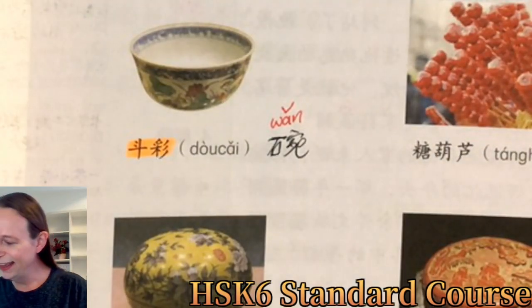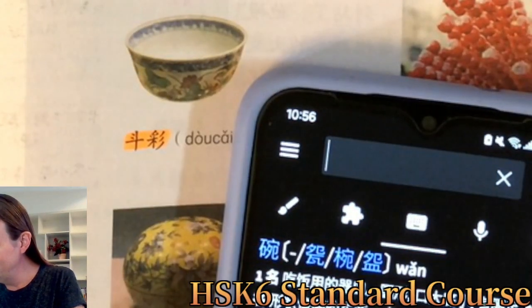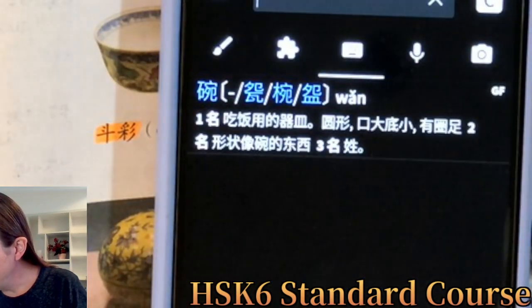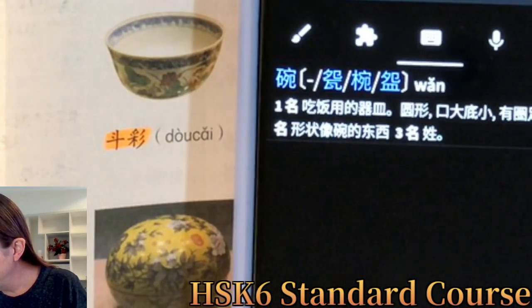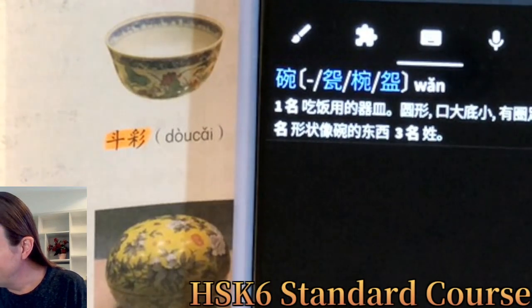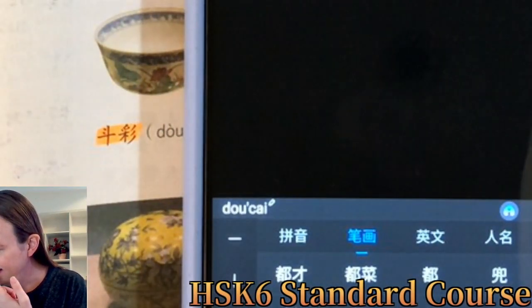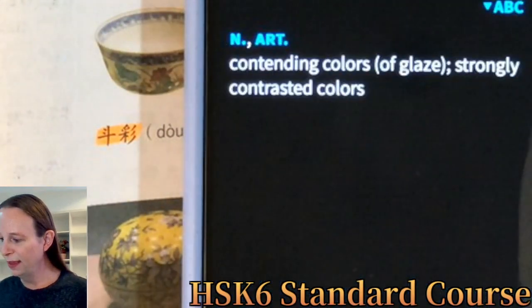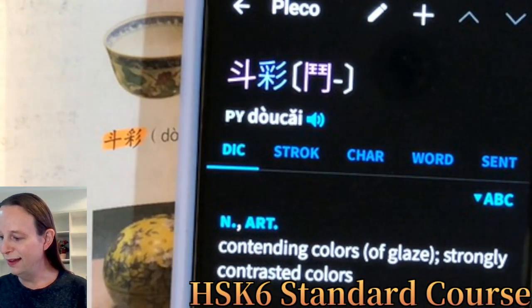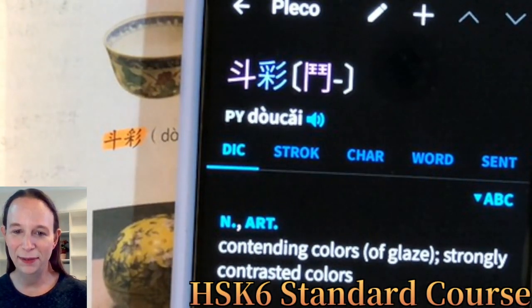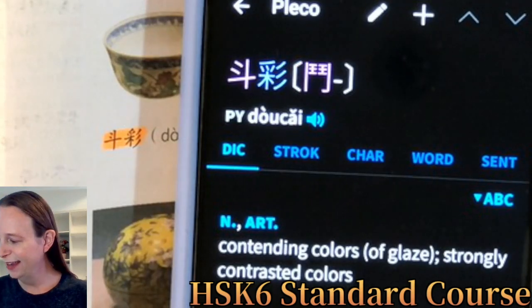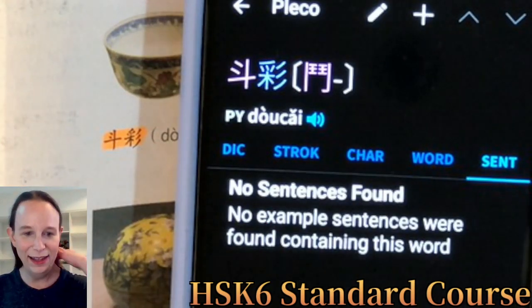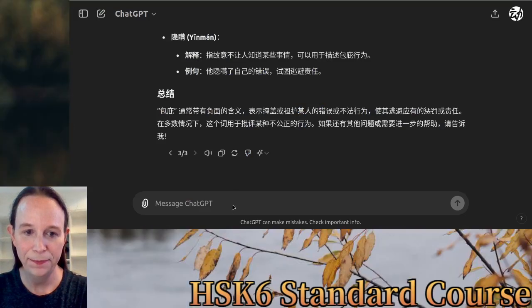All right, so we have to input it character by character. Oh, we're not looking at a bowl. We're looking at 豆彩. All right, so let's open up, what's it called?